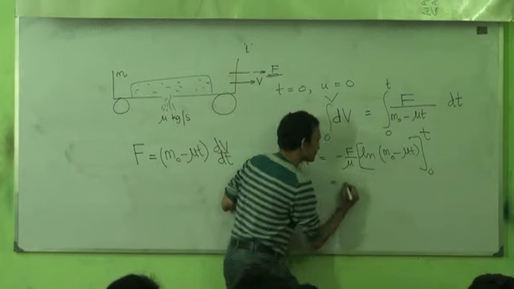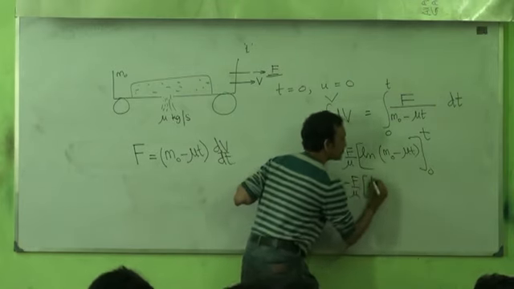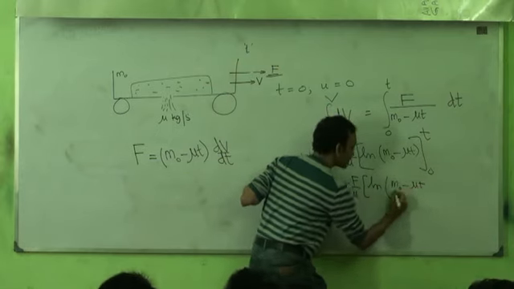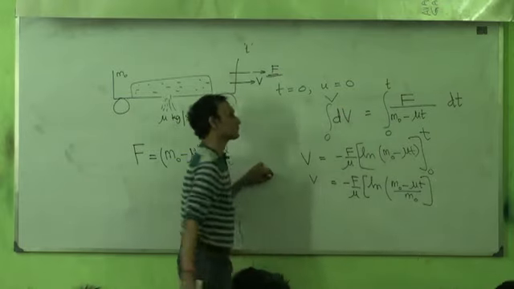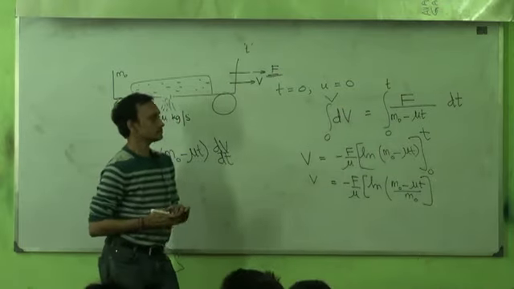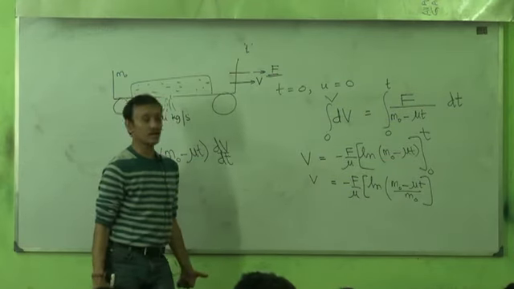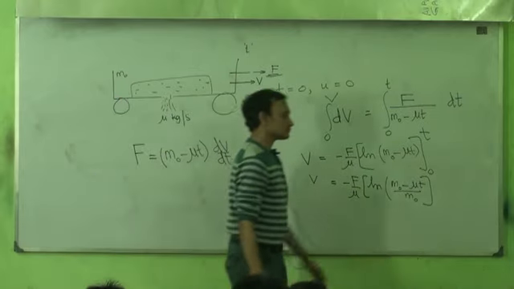Which is minus F by μ log of (m0 − μt) by m0. That's V. That will be V as a function of time.